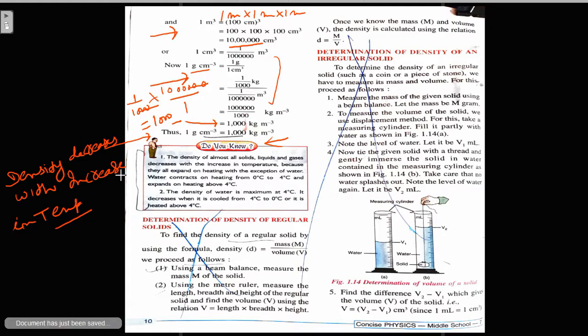Why? Because they all expand on heating, whether solid, liquid or gas.